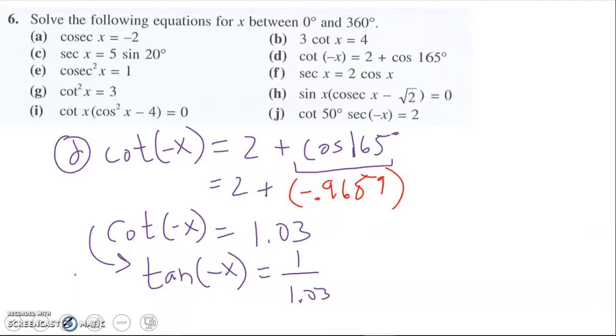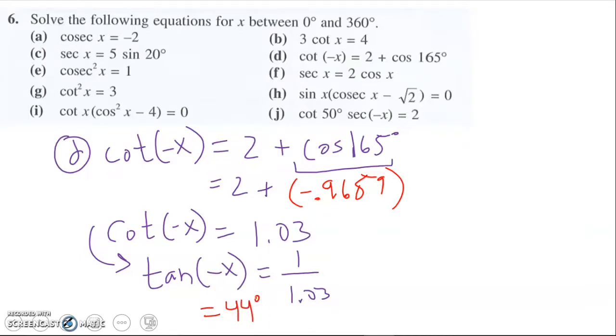If I go ahead and do shift tan, and then do 1 divided by 1.03, I will find out that the angle associated with this is equal to approximately 44 degrees.